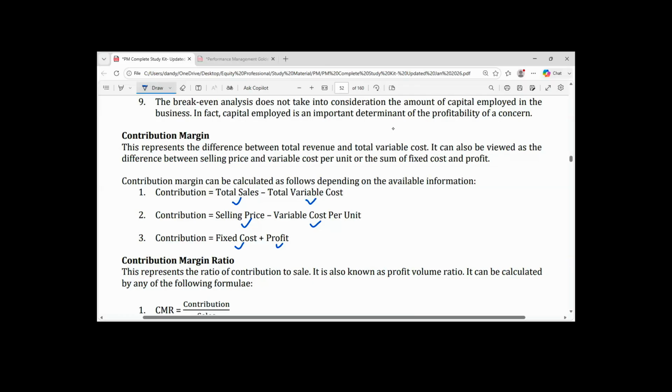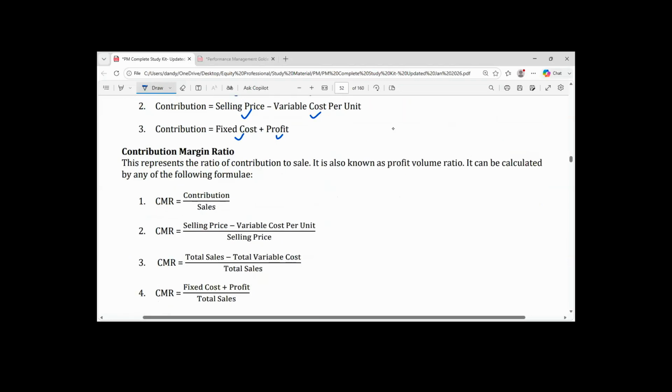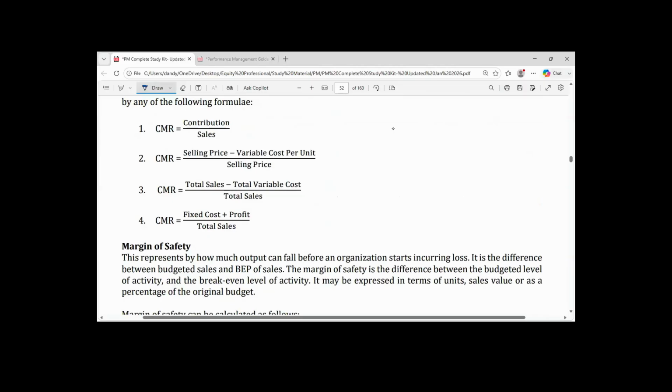It can be calculated as follows, depending on the information available. If in the question the examiner has given you total contribution margin, and you also have total sales, then contribution margin ratio is contribution divided by total sales.